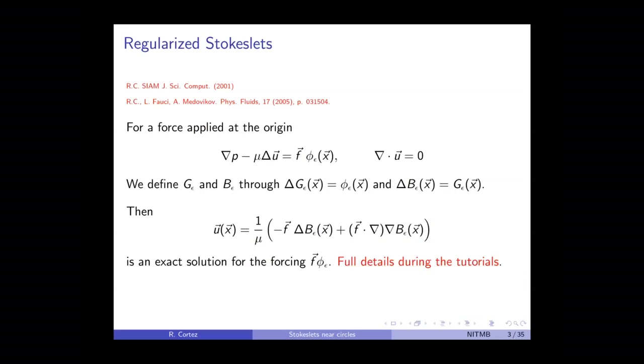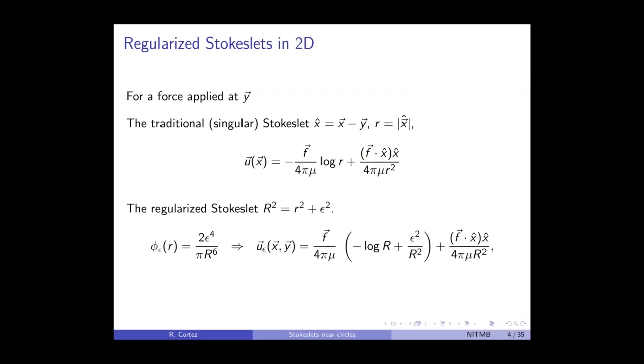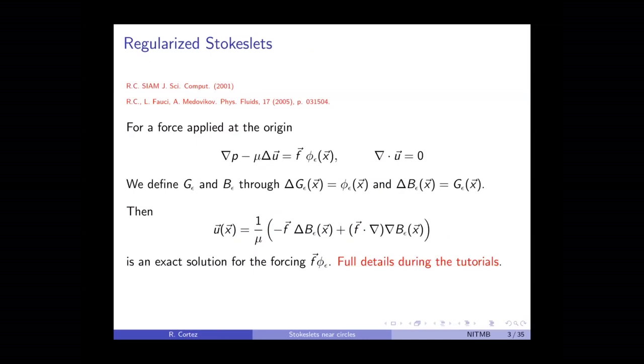This is the general expression for a regularized Stokeslet, where there's a cutoff function phi, and then we can derive, or define, some of these functions, the regularized Green's function and biharmonic, and then we can write down an expression for the velocity. This is an exact solution of the Stokes equations for that forcing.